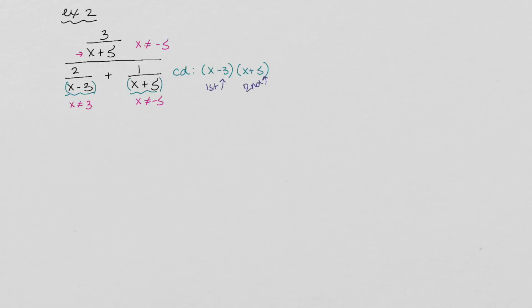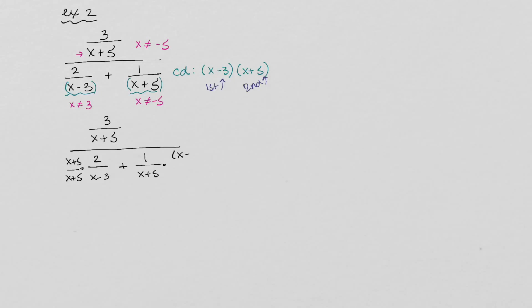All right. So this is 3 over x plus 5, and that's just a restatement of the numerator. And then here I have 2 over x minus 3. And I need to change that fraction so that it also has an x plus 5 in the denominator. So I multiply by x plus 5 over x plus 5. And then I add 1 over x plus 5. But I need to change this fraction so it also has an x minus 3 in the denominator.